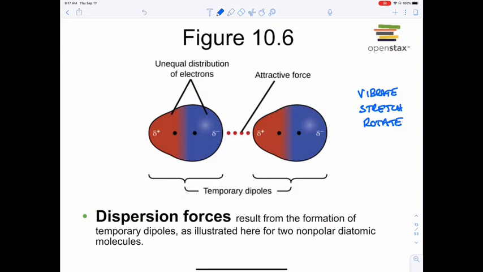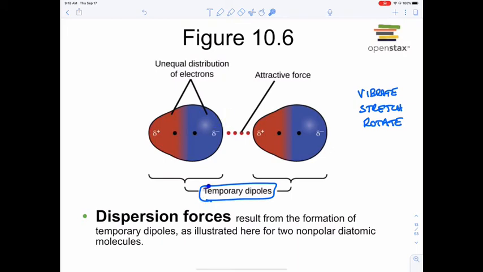And when they do that, there's what's called a temporary dipole produced. A temporary dipole is when, for a tiny split second, a nanosecond or a femtosecond, there is an unequal distribution of electrons. For a very small amount of time, the molecule has one end that's slightly positive and one end that's slightly negative.